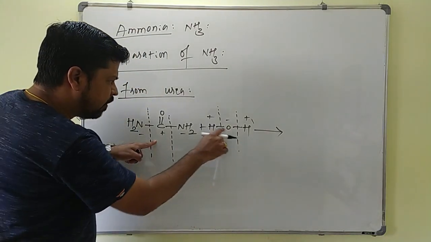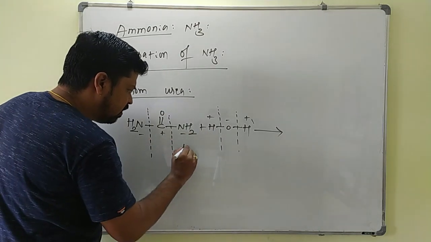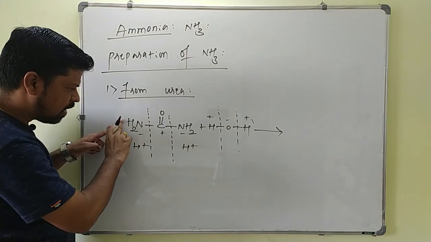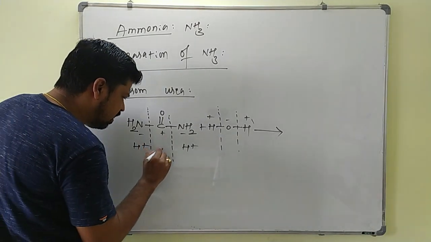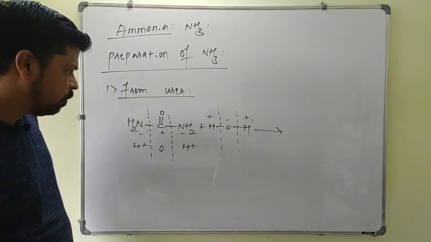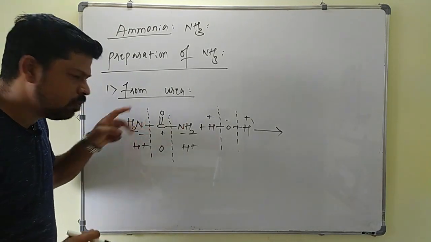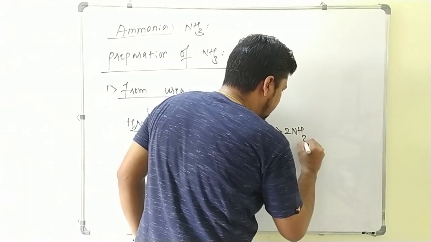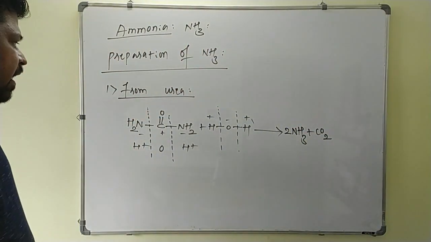Positive part reacts with negative, and wherever negative is there, you add the positive part. This H plus you add here, NH2 minus H plus is ammonia, and NH2 minus H plus is again ammonia. You add oxygen here, it becomes CO2. So the product you can write is 2 moles of ammonia plus CO2. This is how you can write the reaction.